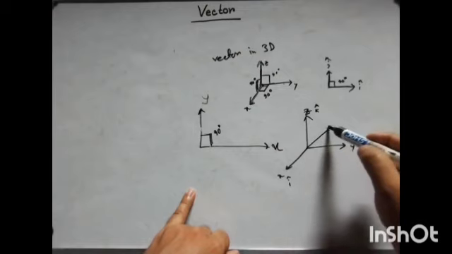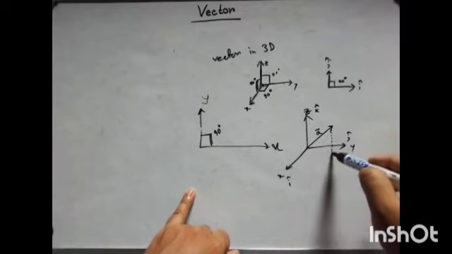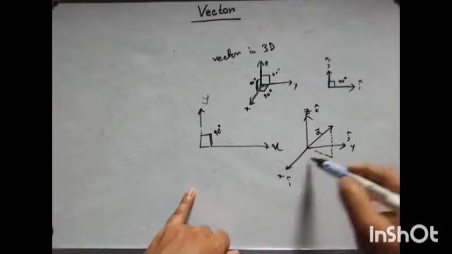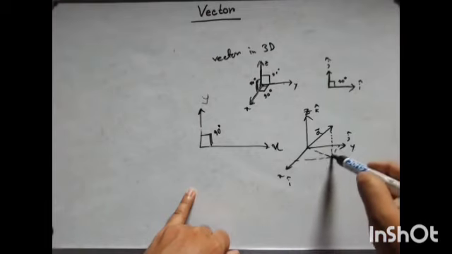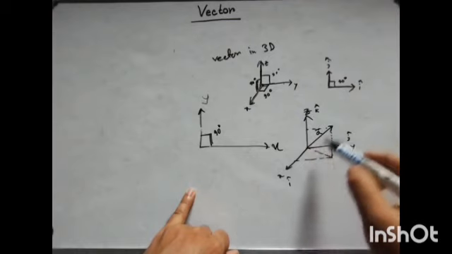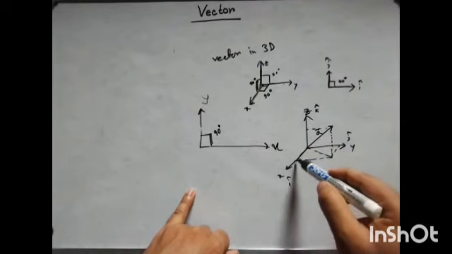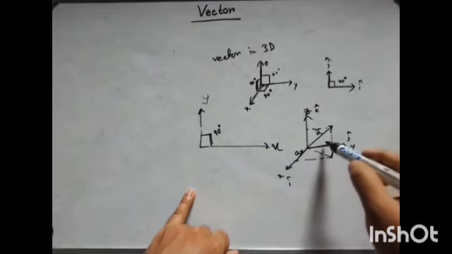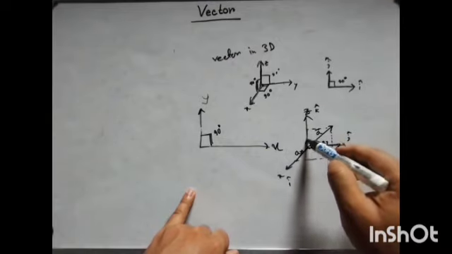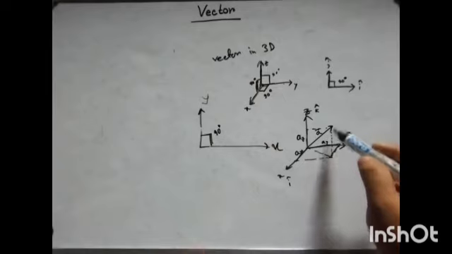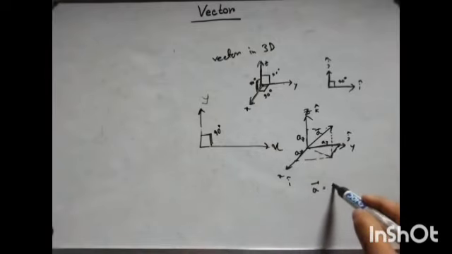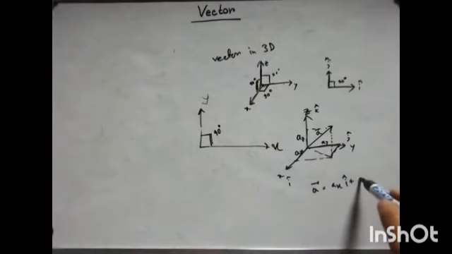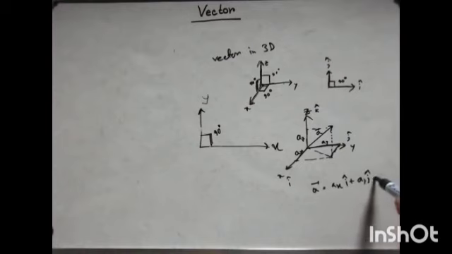Now if you draw a vector and break it into components, then this is along x axis, this is ax, along y axis this is ay, and along z axis this is az. So a vector will be ax i cap plus ay j cap plus az k cap.